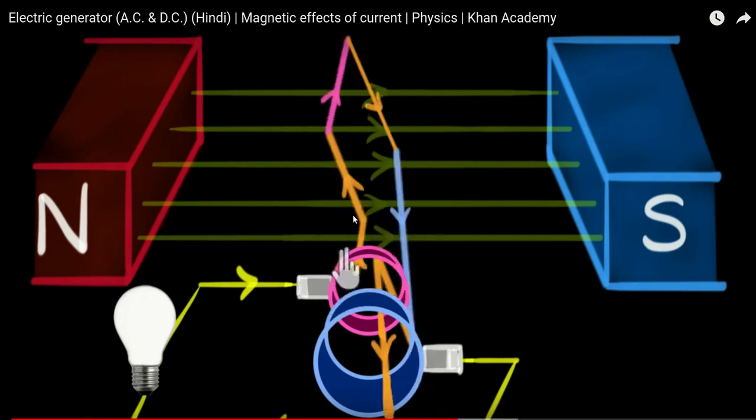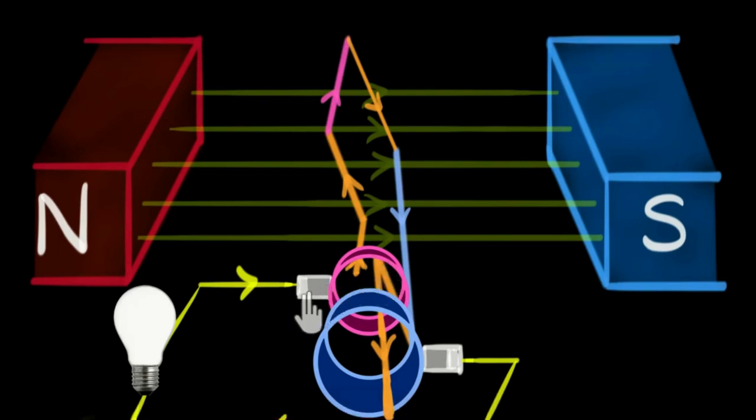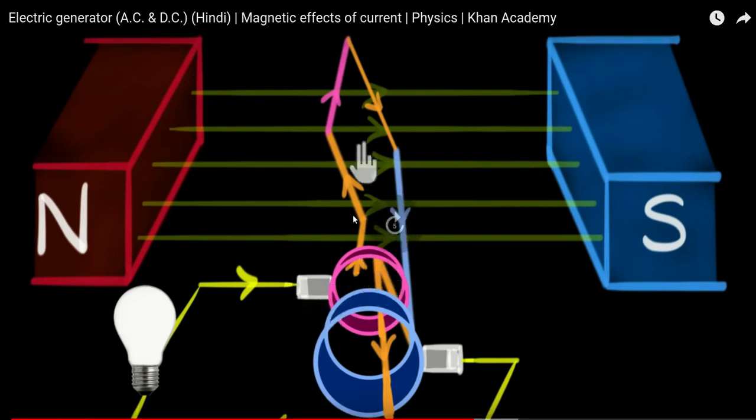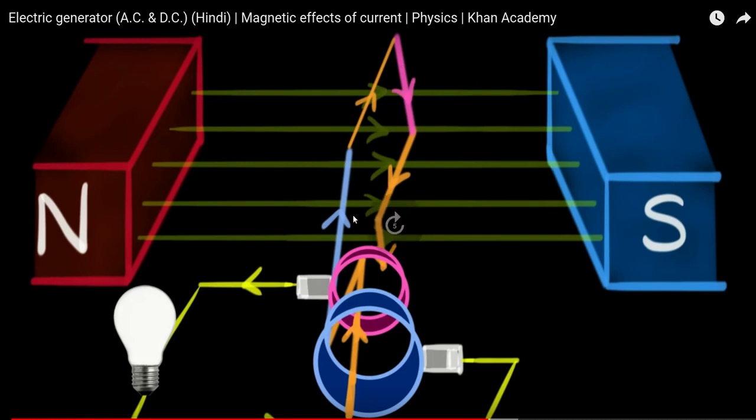So there you go, and it is rotating. Now when it rotates and comes to the other configuration, when the pink line is closer to the south pole, the current has to be out of the screen, towards you.